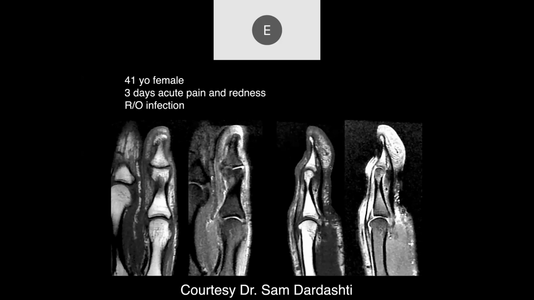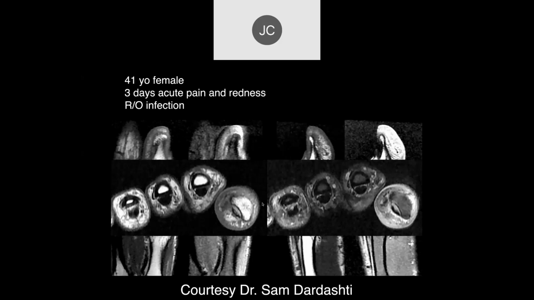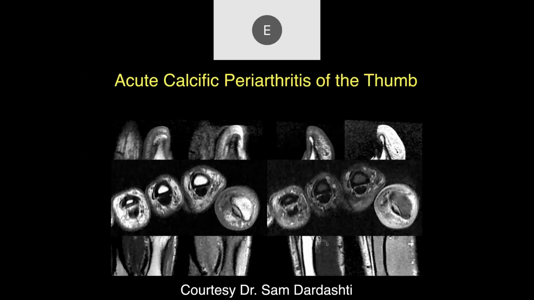Right, here's what the MR looks like. On T1, not much there. On the PD fat sat, some surrounding edema, maybe a small joint effusion. On the PD, some soft tissue thickening there.